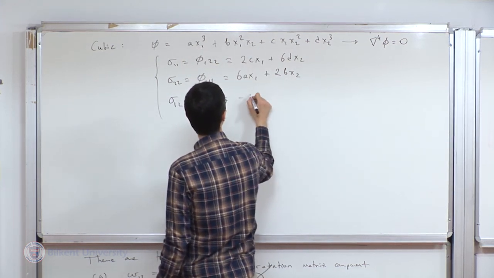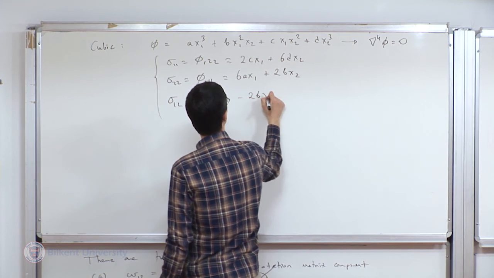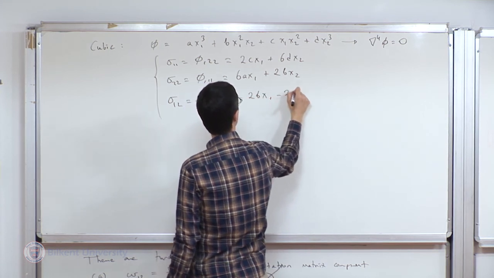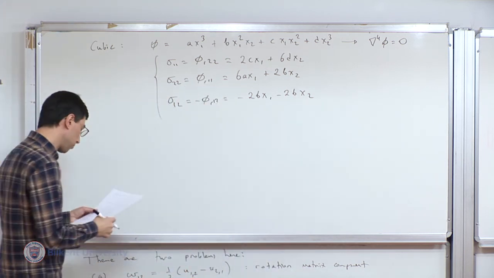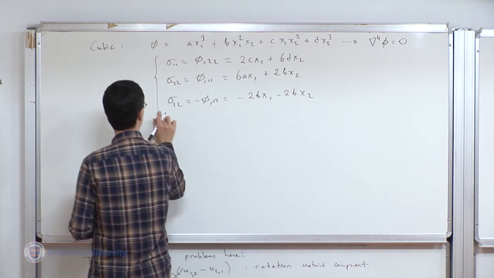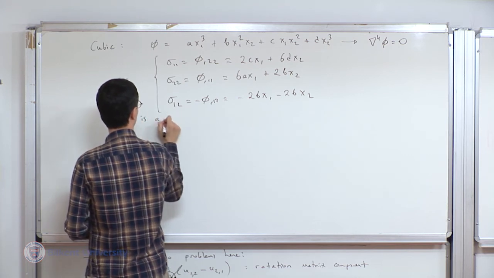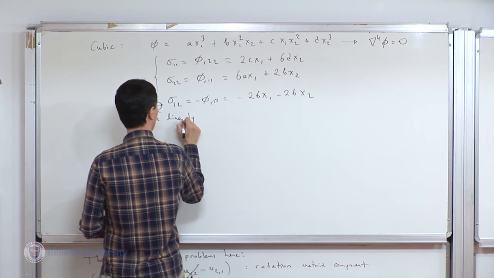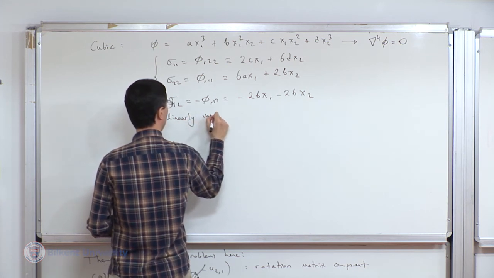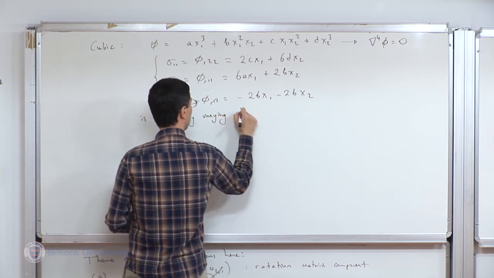So minus 2b x1 minus 2b x2. So that's a linearly varying stress field.